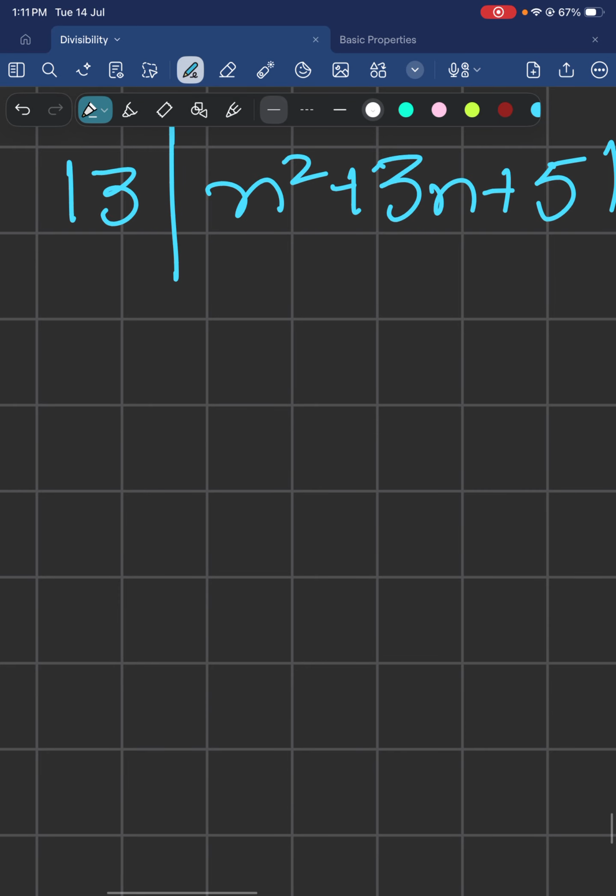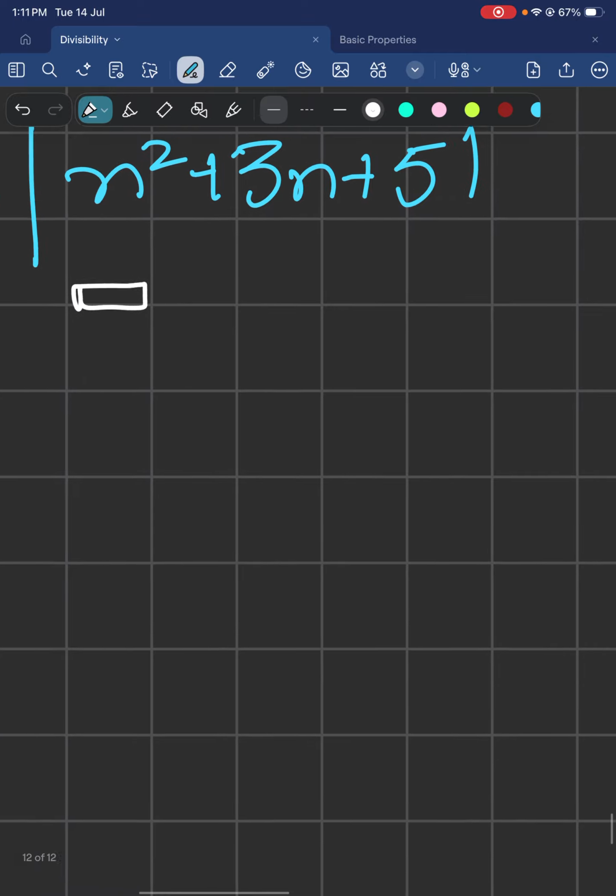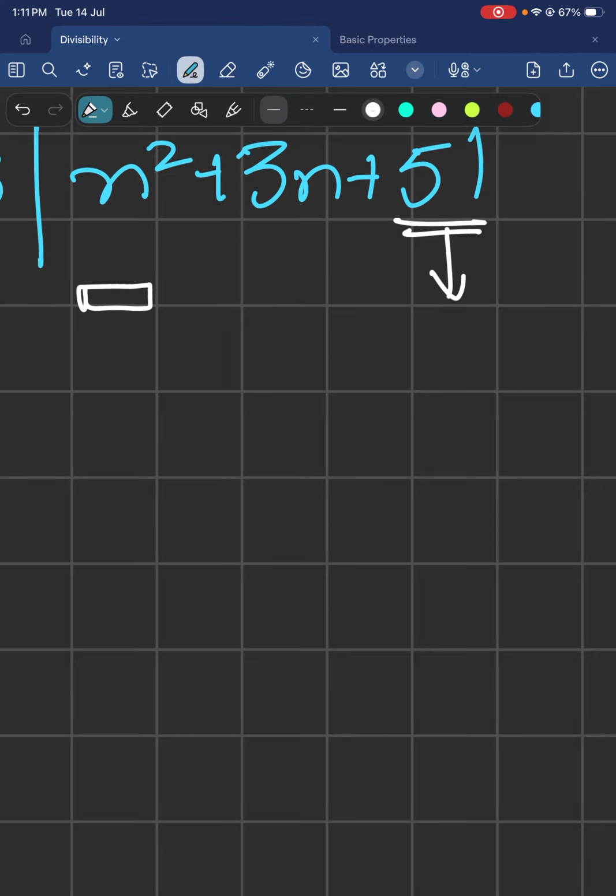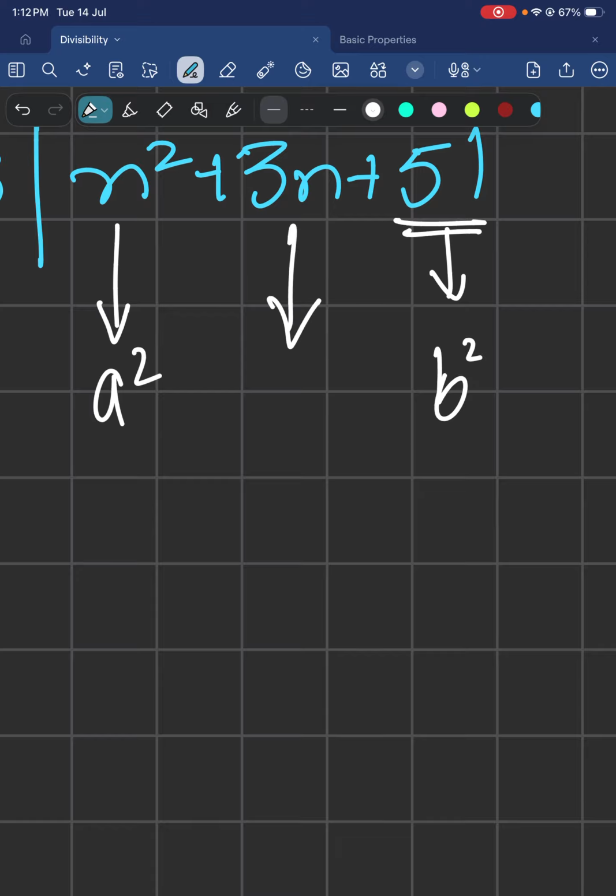The very first thing that I see is an n square. So I can get one more square from here. Let's just say this is a square. I can get b square from here, and then we will make 2ab from here.